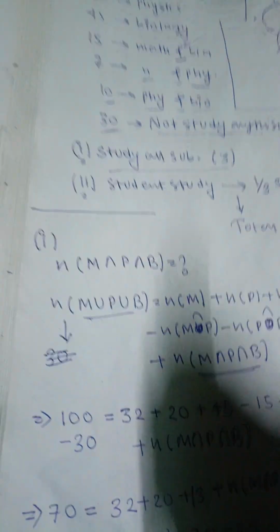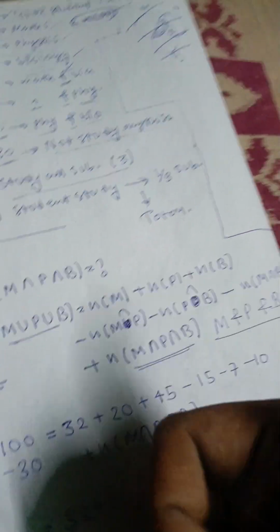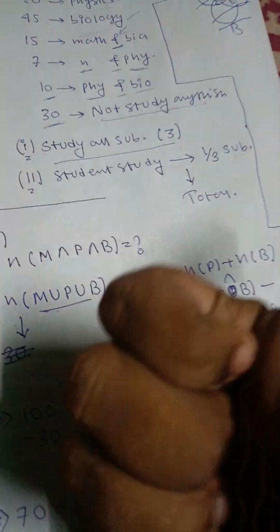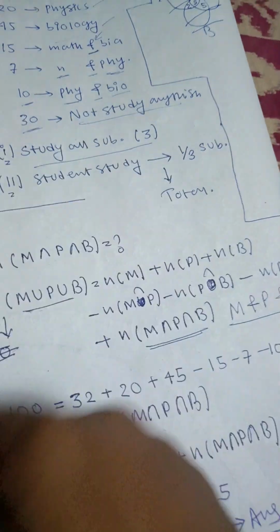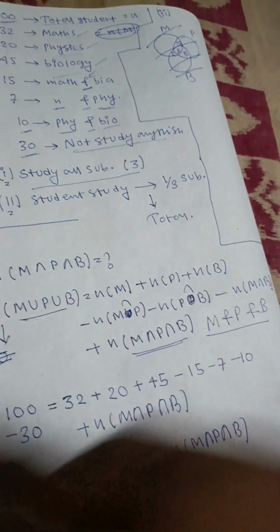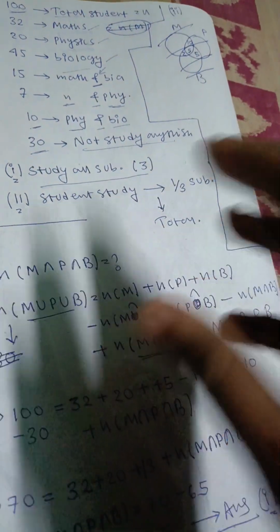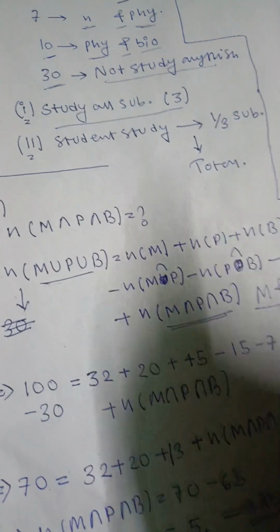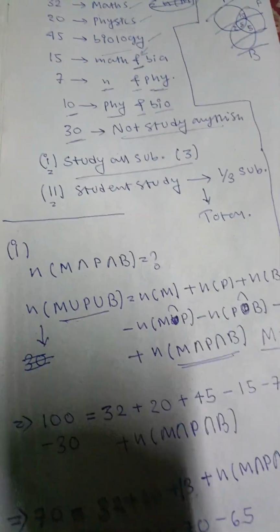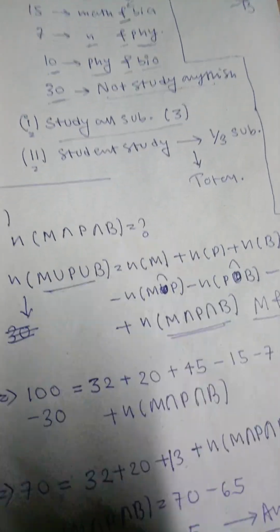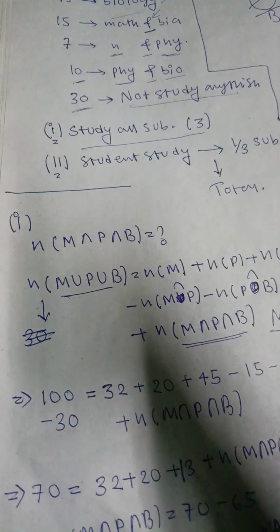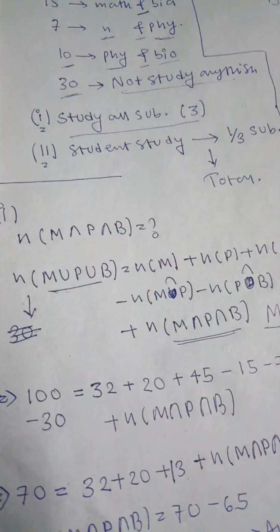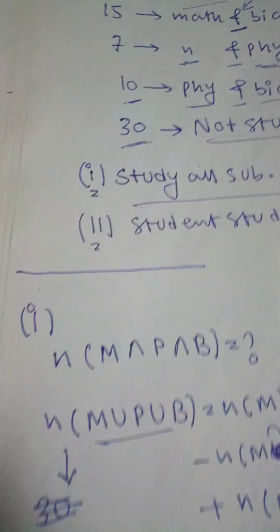Only when we have to find all subjects, students who studied all the subjects, all the languages, all the chocolates, however the data is given, if we have to find all the things, only then do we have to use the principle of inclusion and exclusion. Otherwise we will solve the problems with a Venn diagram only, and that is very easy to do. Okay, you got that.